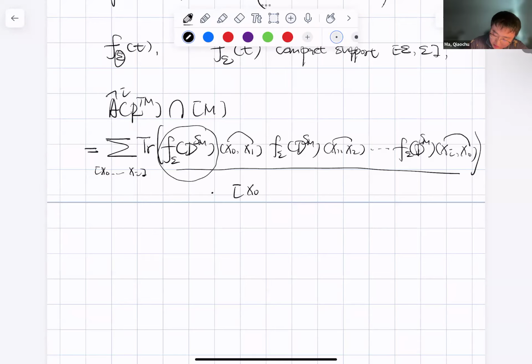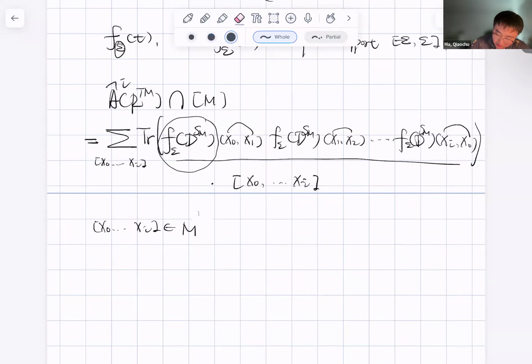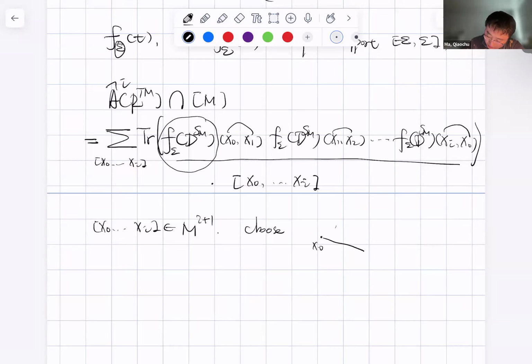Times this x0 to xi, where for each set of points x0 to xi in M to the power i plus 1, we choose an authentic simplicial with vertices x0, x1, x2, x3, for example.